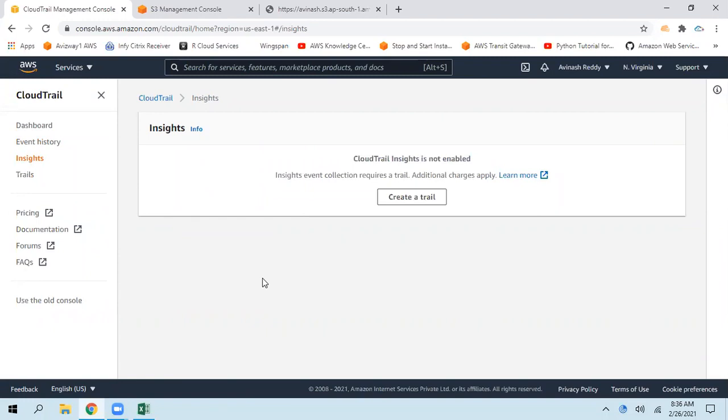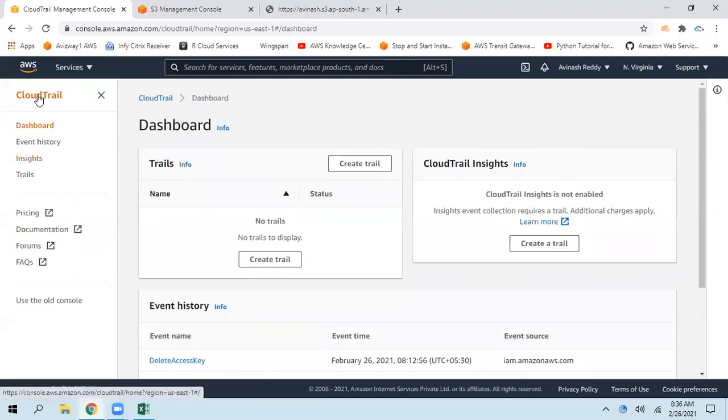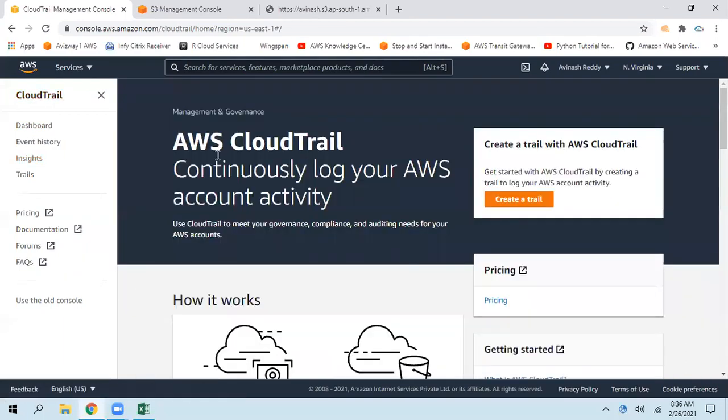For example, suddenly the traffic is flooding: a server normally gets only 100 requests per minute and suddenly it takes 1,000. Hacking also is covered here, right, sir? That comes under Insights. You no need to worry about that at the moment; we have a dedicated session on CloudTrail.